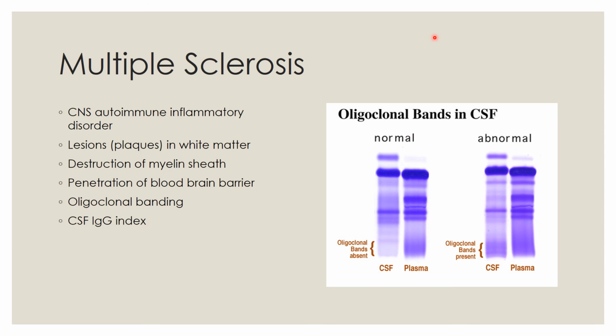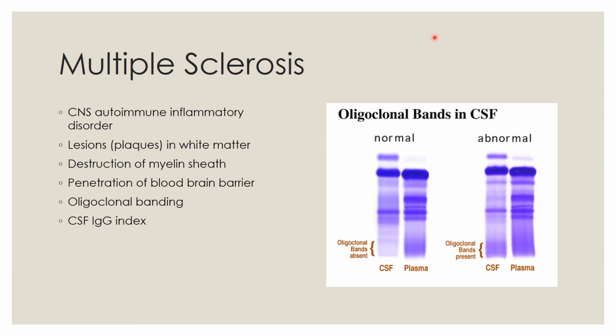Now, the most common test that we use for multiple sclerosis is actually oligoclonal banding. It's oligoclonal banding and a CSF IgG index. We use those two together.